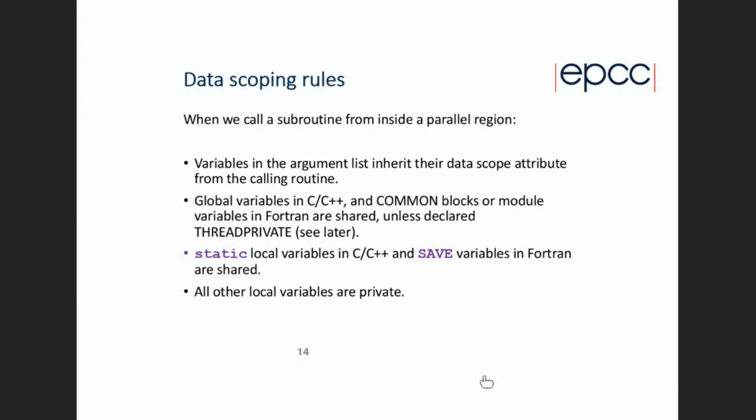So if we call a subroutine or function from inside a parallel region, then the variables in the argument list inherit their data scope attribute from the calling routine. Essentially, if it was shared in the parallel region and we pass it in, it'll be shared inside. If it's private in the parallel region and we pass it in, it's private inside.